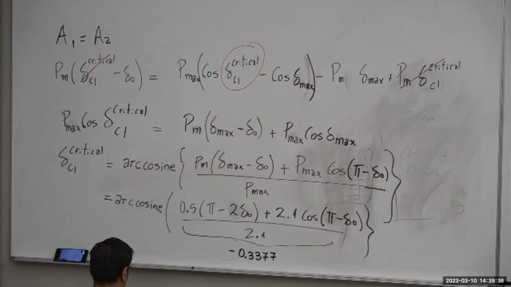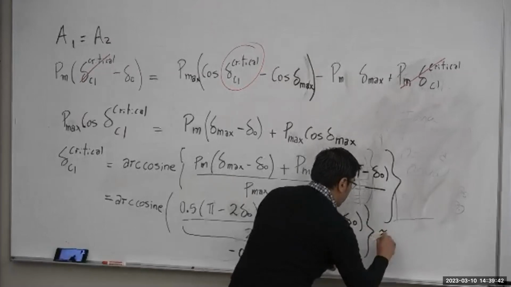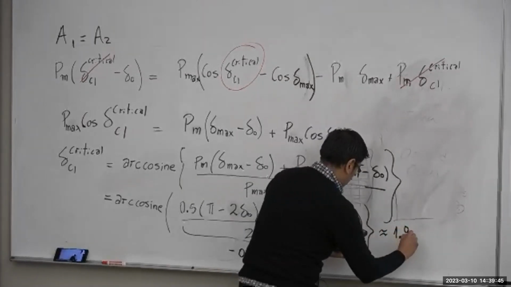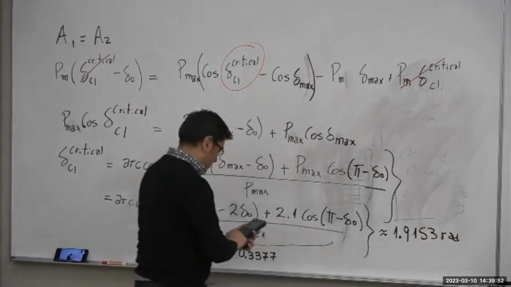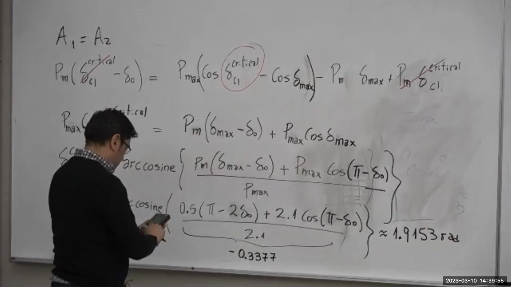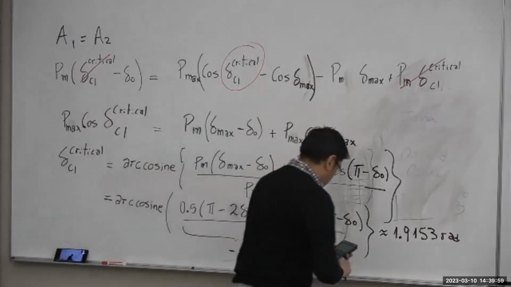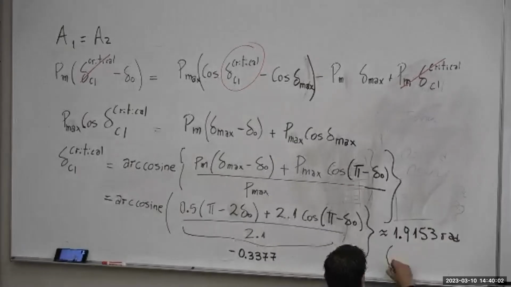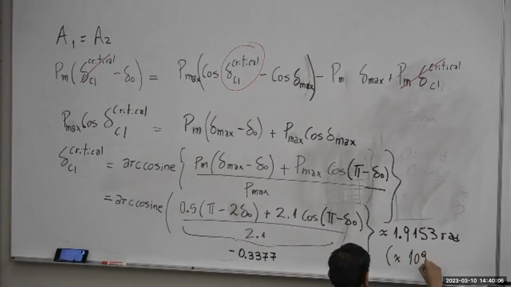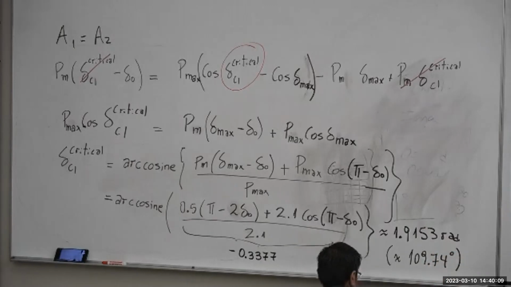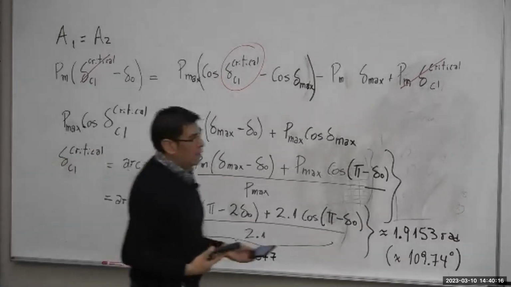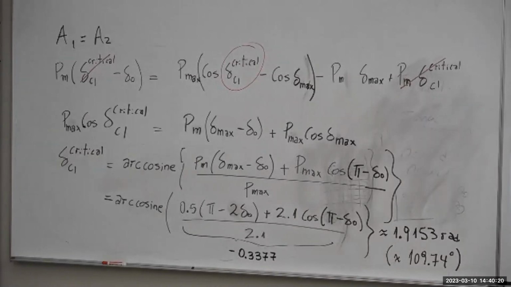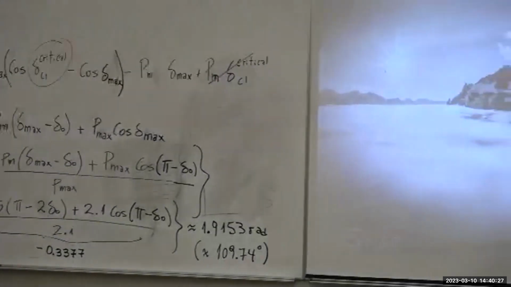And the arc cosine of this is much better, is 1.9153 radians, which is about 109.74 degrees. Okay. We go to the other side.